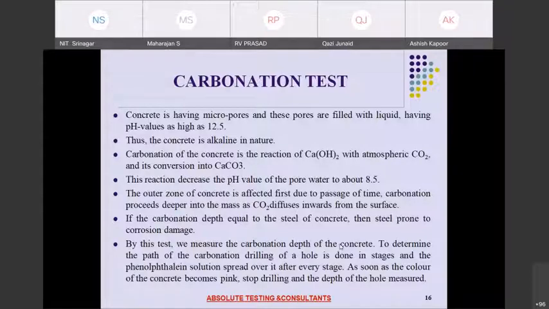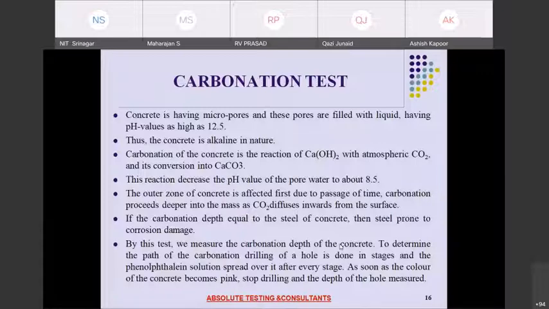Because of this reaction, your concrete's nature changes from alkaline toward acidic. Because of this, the pH of concrete may decrease to 5 to 6. But the moment the pH of concrete is reduced to 8.5, it is the alarming stage.